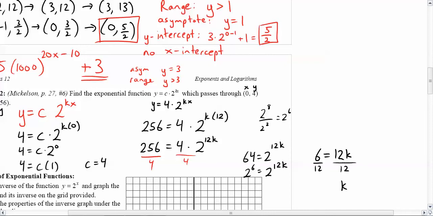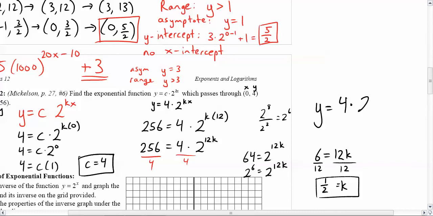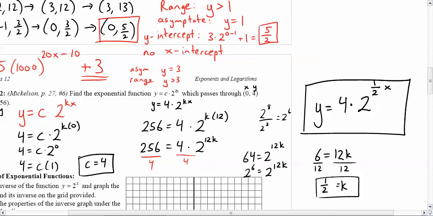And k is a half. So now that I know both of the constant terms, I can plug them back into the original equation: y equals 4 times 2 to the power of 1/2 x. And if you graph this function on your calculator, you could check the table of values and see that, yeah, it does pass through the point 0, 4, and it does pass through the point 12, 256.